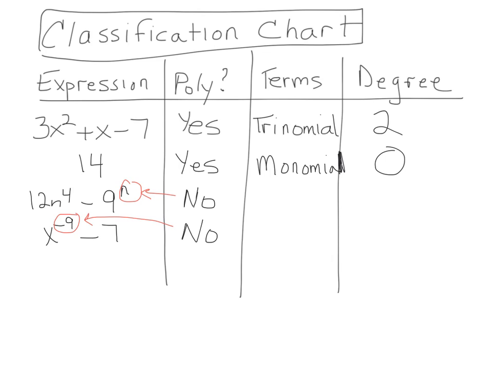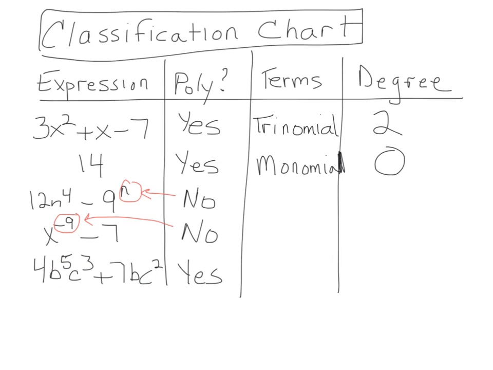And let's go with 4b to the 5th c to the third plus 7bc squared. Is this a polynomial? Yes, it is. It has two things separated by a plus sign, so that's two monomials.